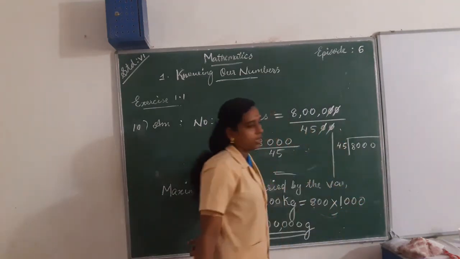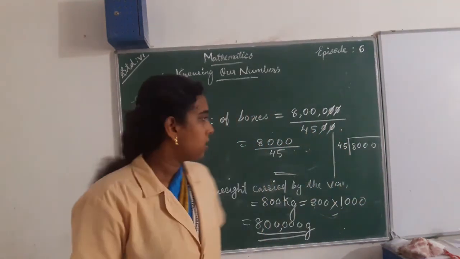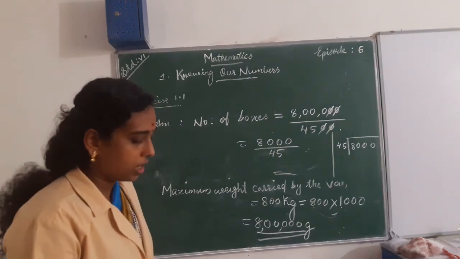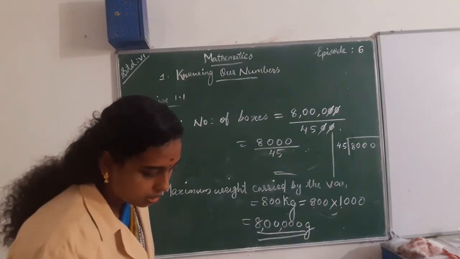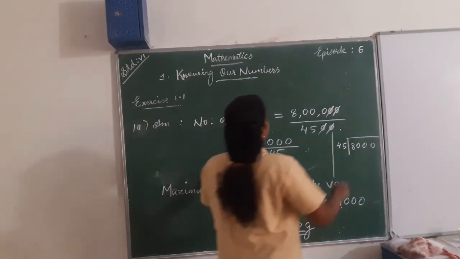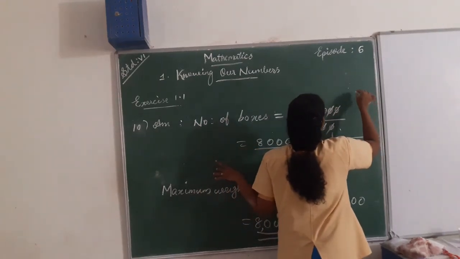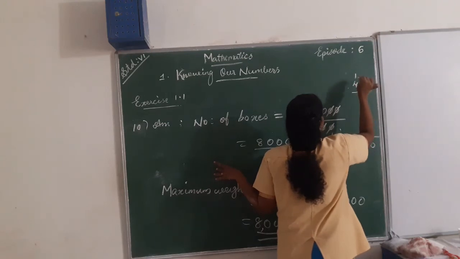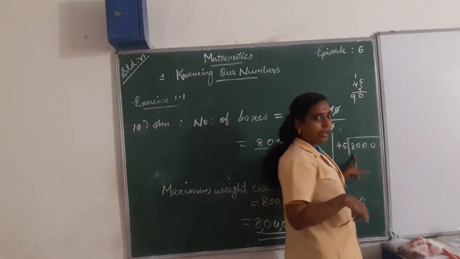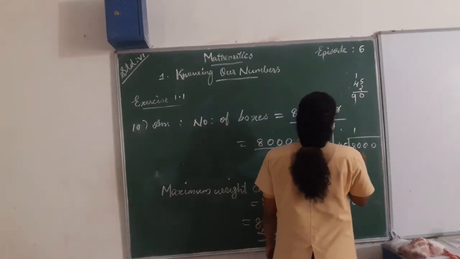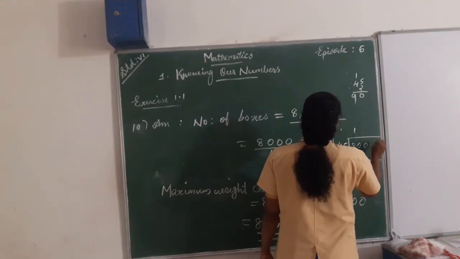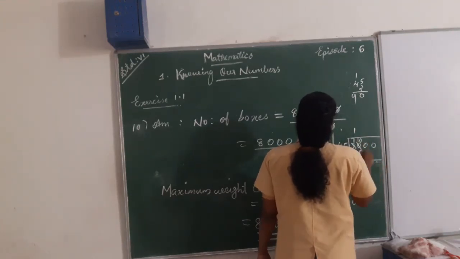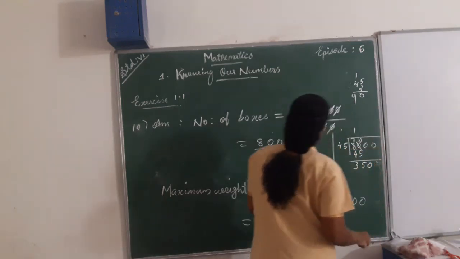To find 8,000 divided by 45, we take 80 first. 45 into 1 is 45, and 80 minus 45 leaves 35. We bring down the 0, so 350.